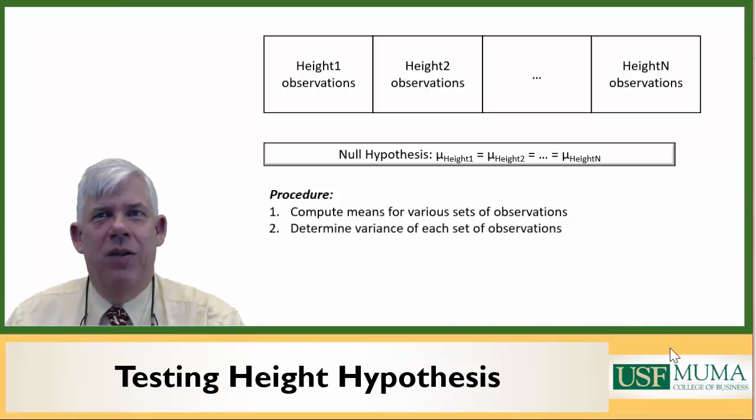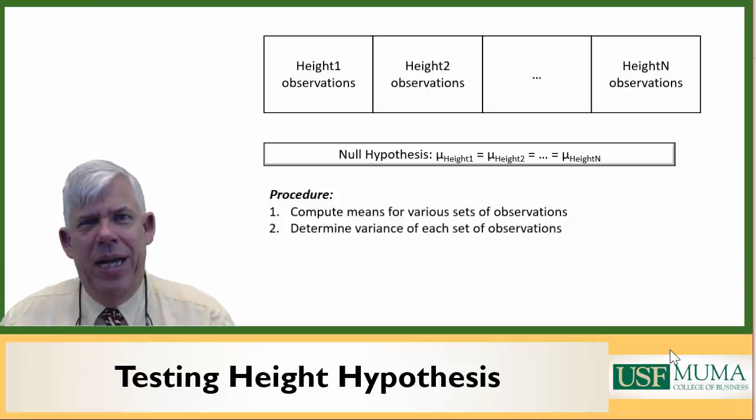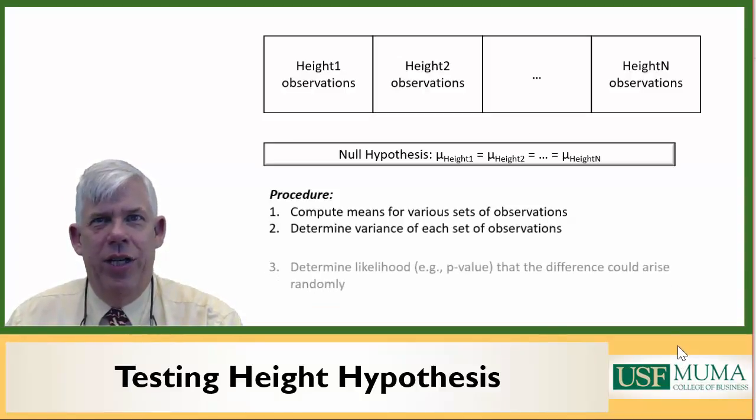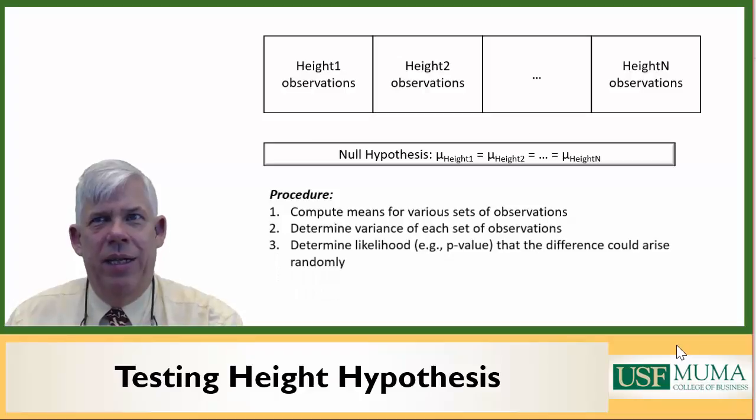We determine the variance for each set of observations, and it'll make assumptions about the variance being the same across the board if it has to, because that's the only way it can do the computation. It will determine the likelihood that the difference could arise randomly, and if any of the means appear different, we're going to reject the null hypothesis.